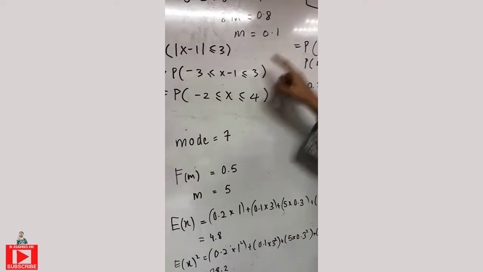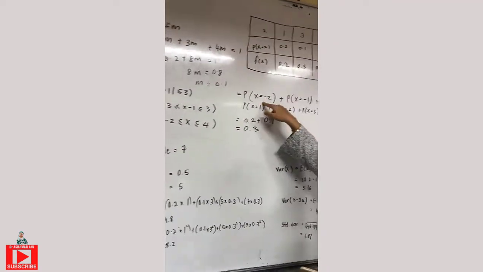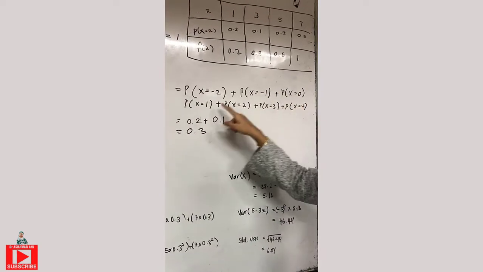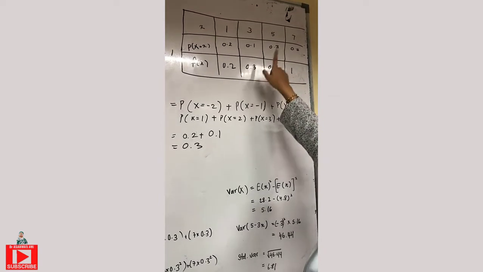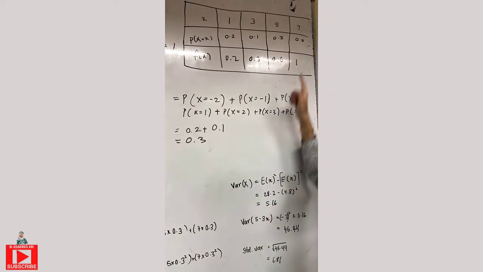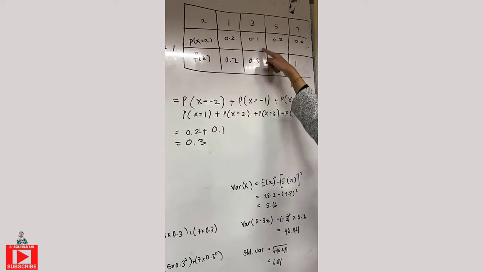So x equals -2, -1, 0, 1, 2, 3 and 4. From here we look back at our table, which gives just 1, 3, 5 and 7. So we only have 1 and 3. We take 0.2 plus 0.1 and get 0.3.